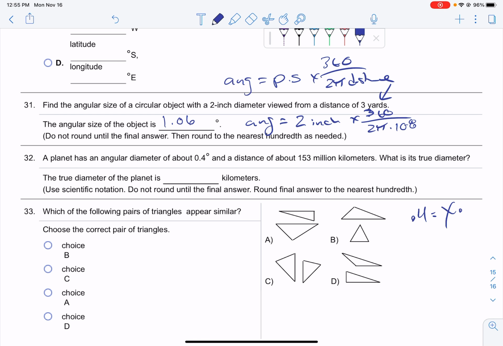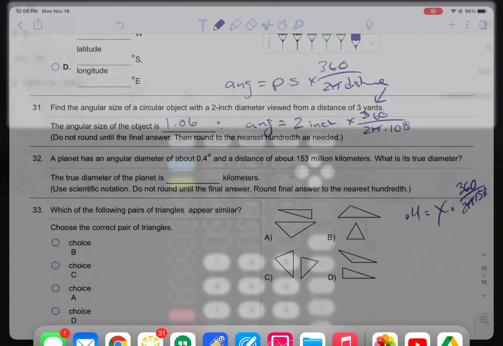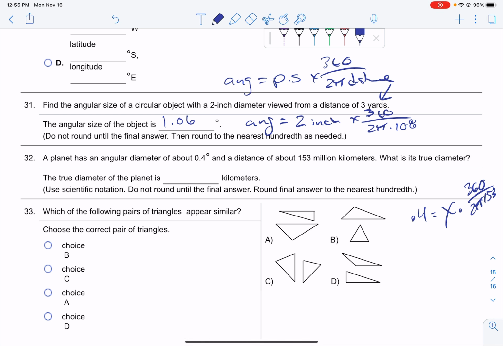We're multiplying that by 360 divided by 2 pi, and then our distance, which is 153 million kilometers. The way that I'm going to solve this is I want to move this to the other side. So I'm going to flip it over and multiply it by the other side. So 2 pi times 153 times 0.4, all divided by 360.